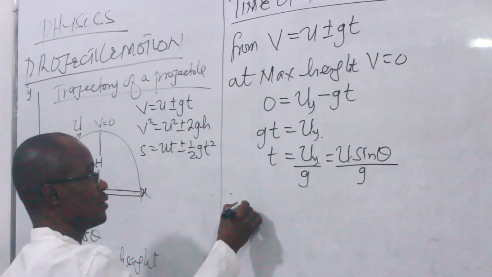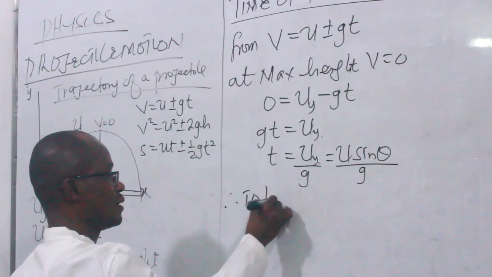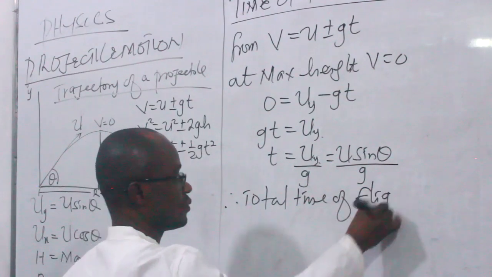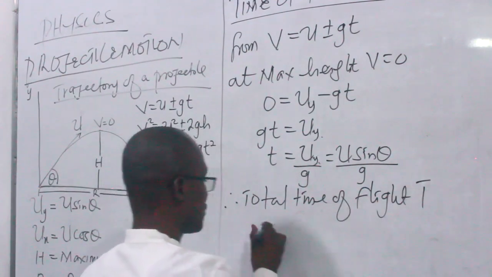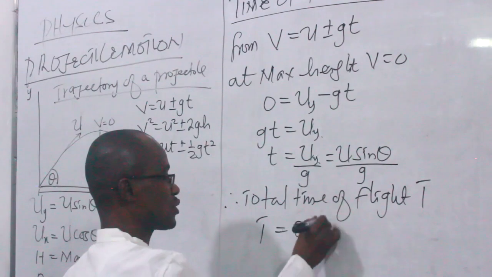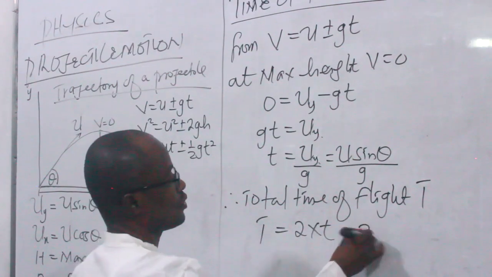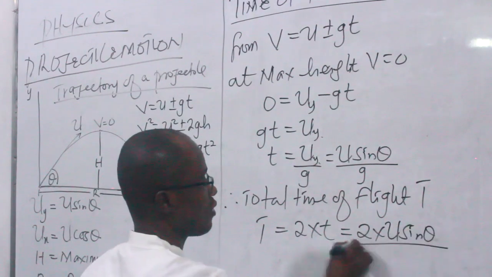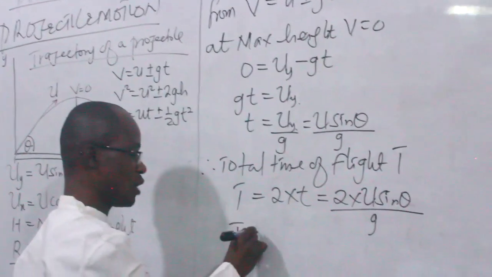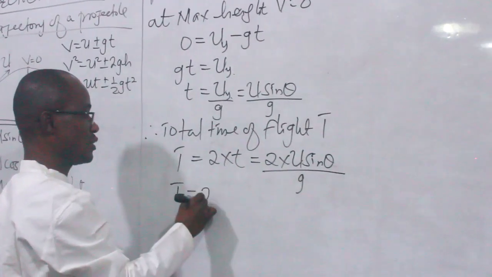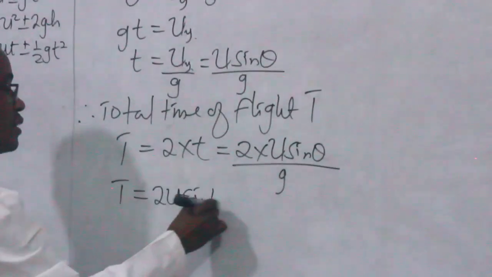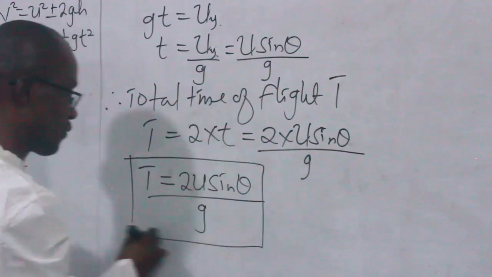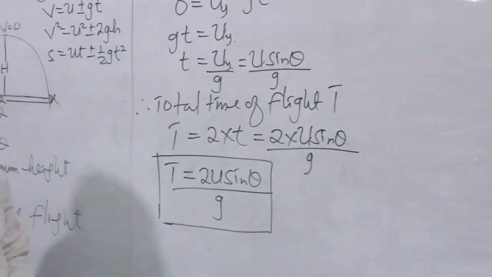Therefore, the total time of flight, which is capital T, is given by 2 times small t, which is 2u sine theta over g. So this is the total time of flight for projectile motion.